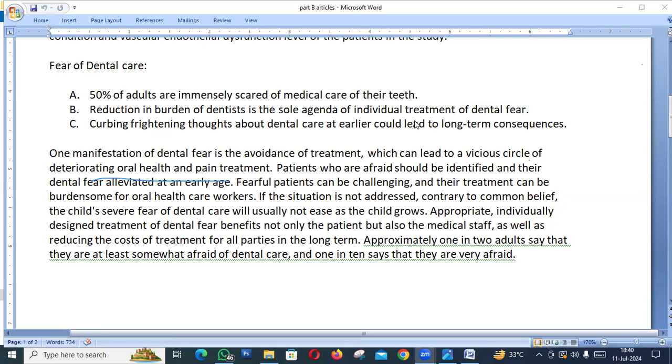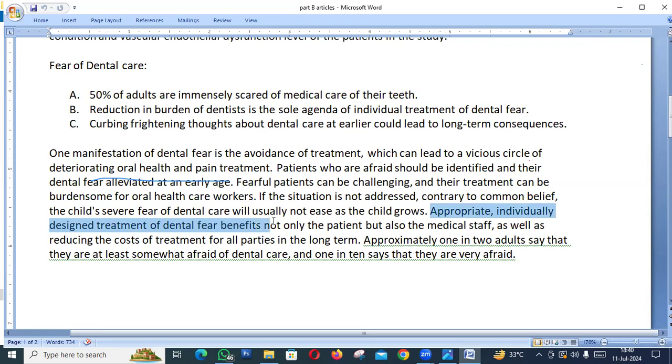Find the keyword. Sir, here you mention appropriate individually designed treatment. Appropriate, okay. Individually designed treatment of what? Of dental fear.